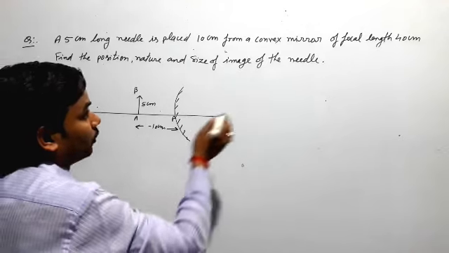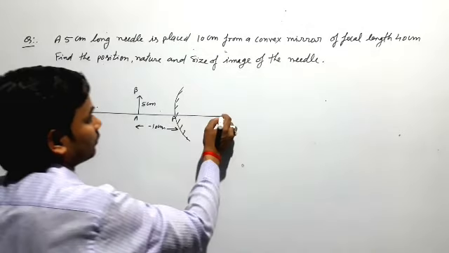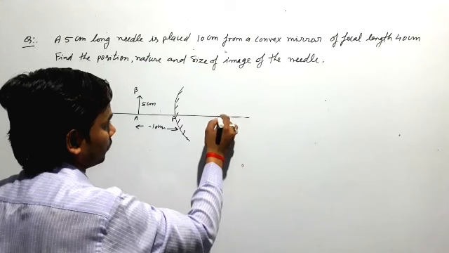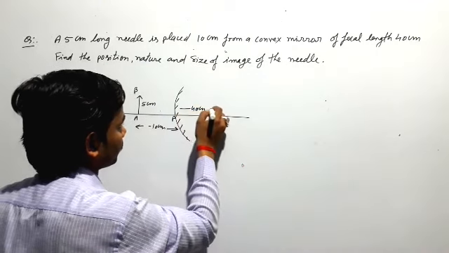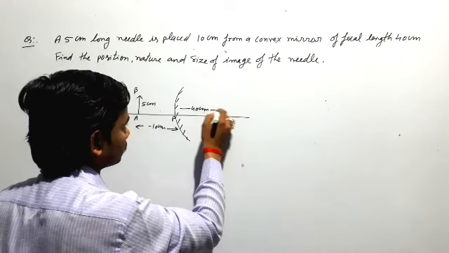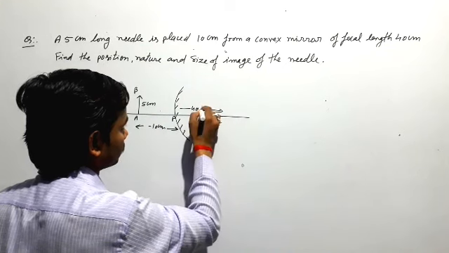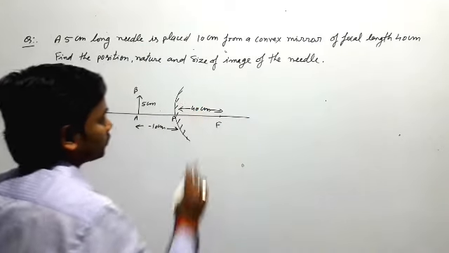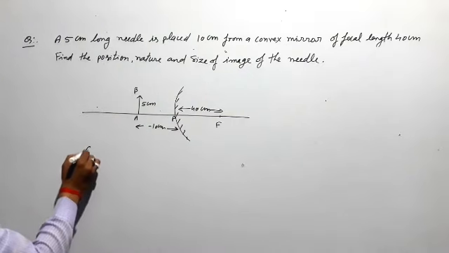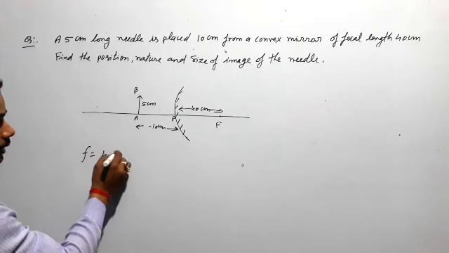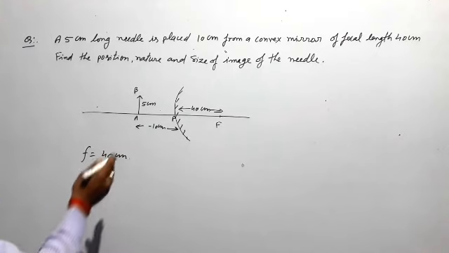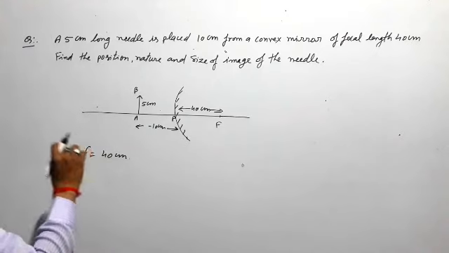Now the focal length is 40 cm, means the distance of pole from the focus, this is 40 cm. So focal length of the convex mirror, this is positive, so this is 40 cm. Now the distance of object, this is always negative.